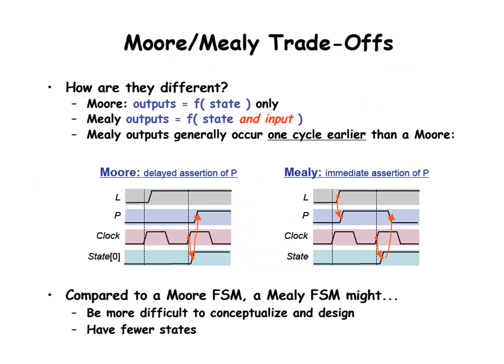Now we can compare the Moore and Mealy machine trade-off. How are they different? In the Moore machine, the output is only determined by the state. But in the Mealy machine, the state and input determine the output. So the Mealy output generally occurs one cycle earlier than the Moore machine, right? The output immediately changes for the input, but for the Moore machine, the output comes out one cycle later, okay?